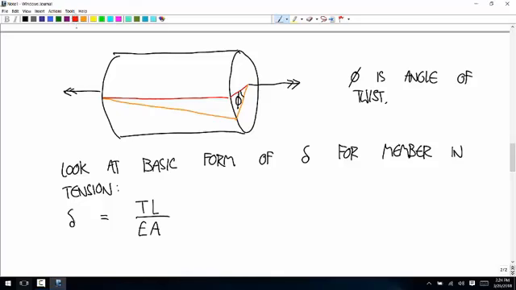Okay, and let's think about what each of these multiples represent. T is the internal load. L is the length.